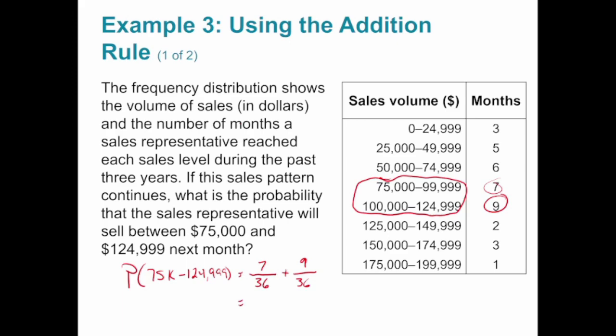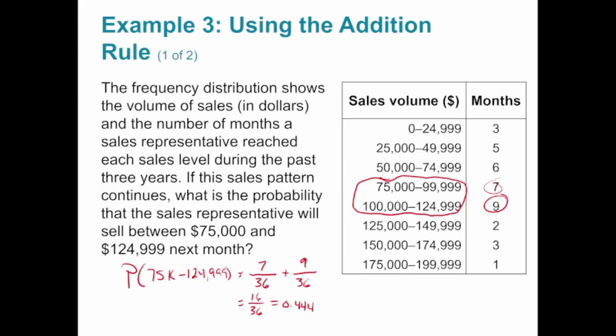We add 7/36 and 9/36 and get 16/36, which as a decimal is 0.444. So you've got a 44.4% chance that you're going to sell somewhere between $75,000 and $124,999 in the next month.